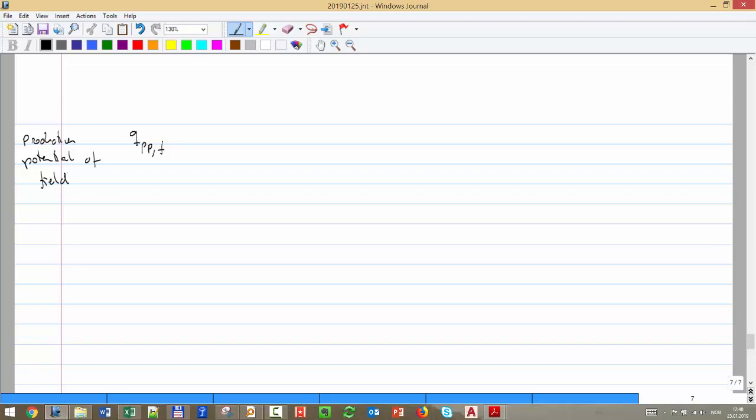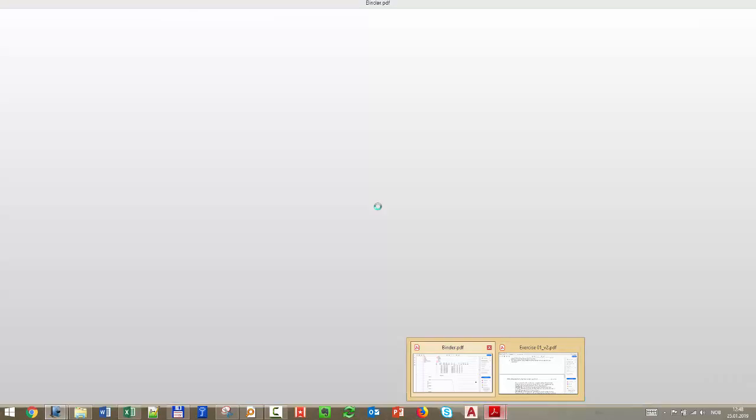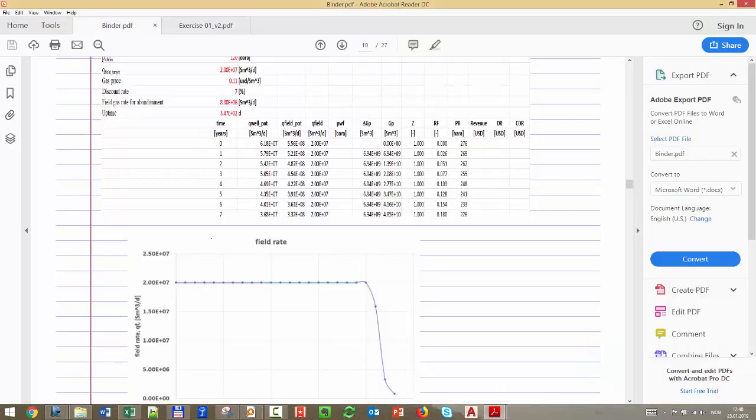We make a plot of that versus GP, which is simply to say that we take this column, the production potential of the field, and plot it versus this GP. And remember why I put these two together: this is rate, and this is the integral of rate. So it's like the same variable but integrated in time.